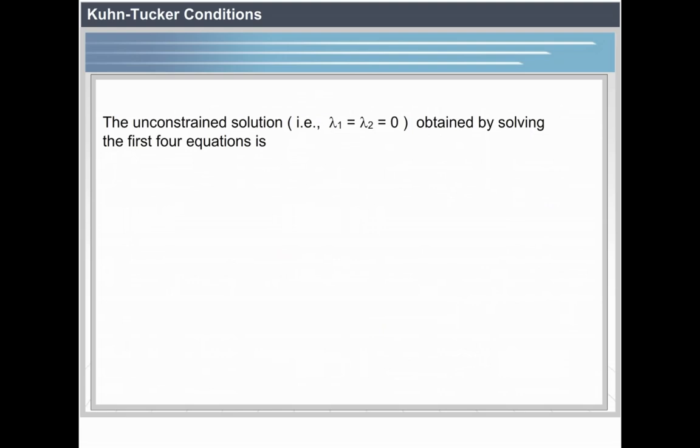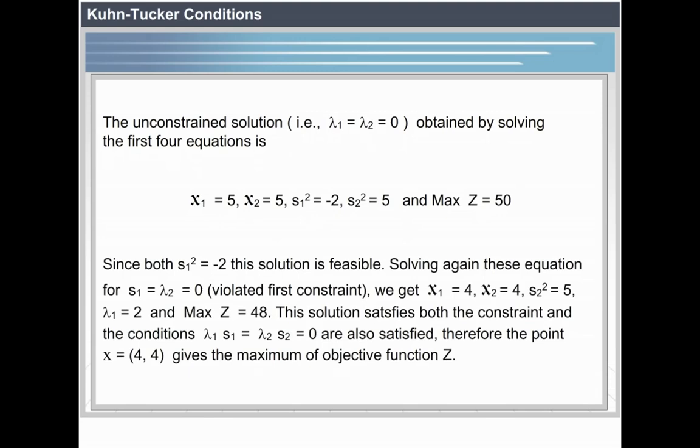The unconstrained solution, that is λ1 = λ2 = 0, obtained by solving the first four equations is x1 = 5, x2 = 5, s1² = −2, s2² = 5, and maximum z = 50. Since s1² = −2, the solution is infeasible.